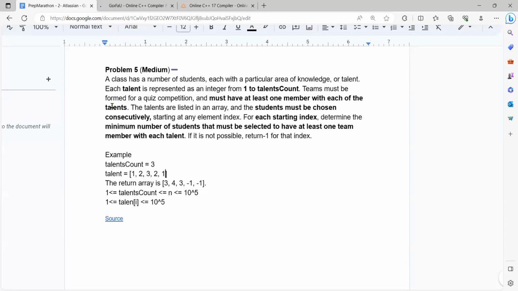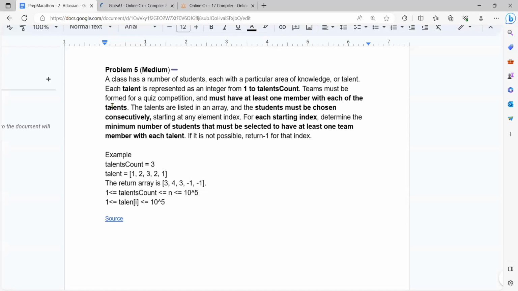The value of n is 10 to the power 5. See, the upper bound on the number of operations is 10 to the power 8.